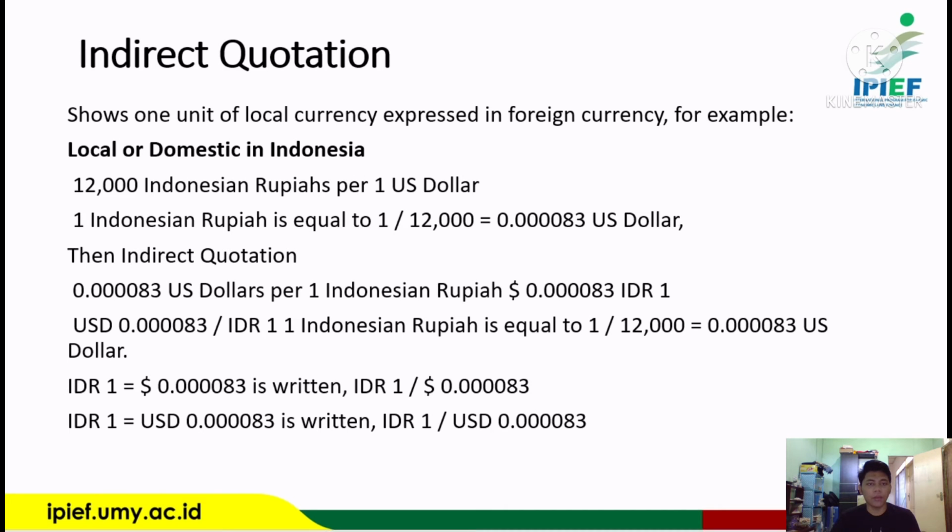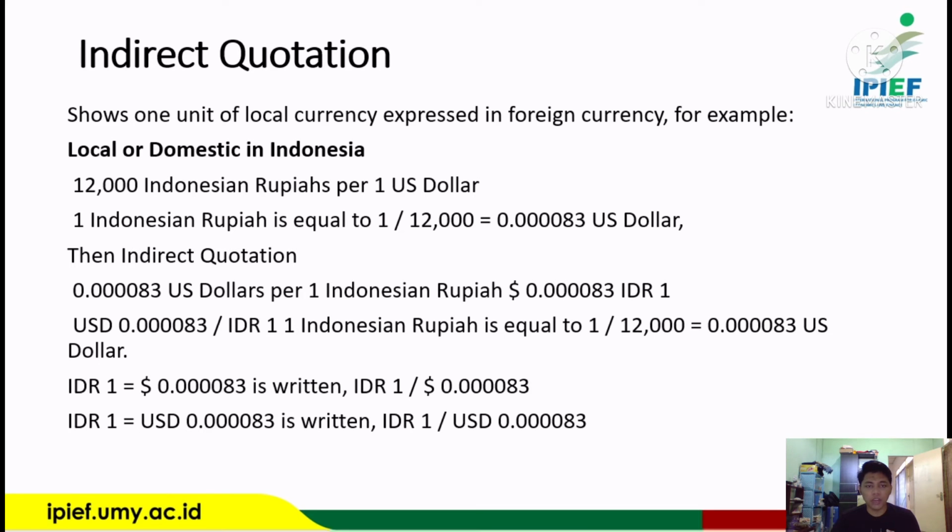Another type of quotation is the indirect quotation, which shows one unit of local currency expressed in foreign currency. For example, in Indonesia, as we know, it is 12,000 rupiah per $1, which means that in indirect terms, 1 Indonesian rupiah is equal to 1 over 12,000, which is 0.00083 US dollar.